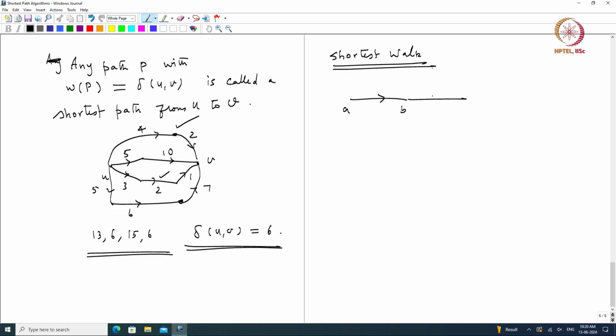Let us see a simple example. Again A, B, C, D, E. Let us say 5, 10, 5, and this one is minus 10 and minus 10.